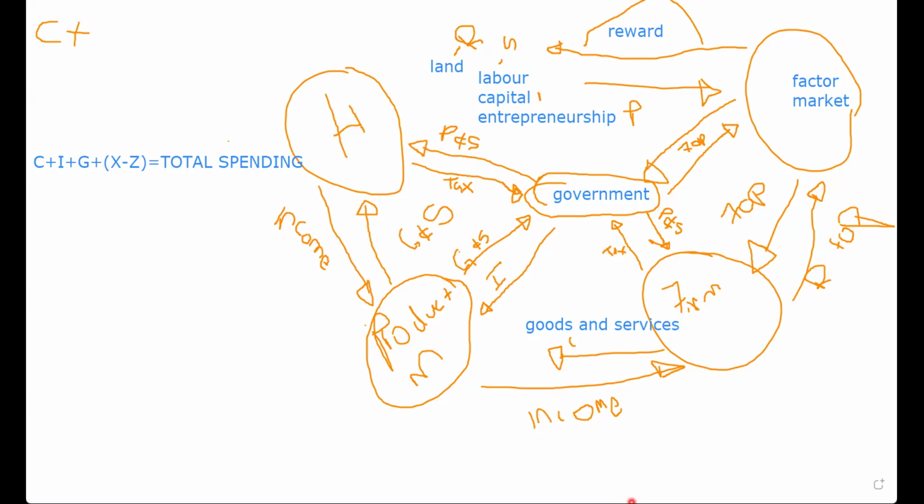An injection is the money that is coming into the economy. And then a leakage is money that is leaving the economy, or a withdrawal from the economy. So they're saying that taxes are an injection into the economy, because when you pay tax, you give the government tax to actually be used in the economy.